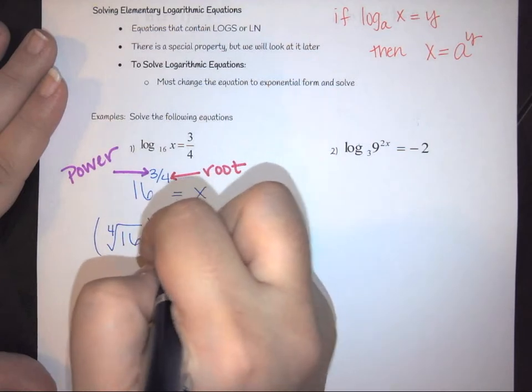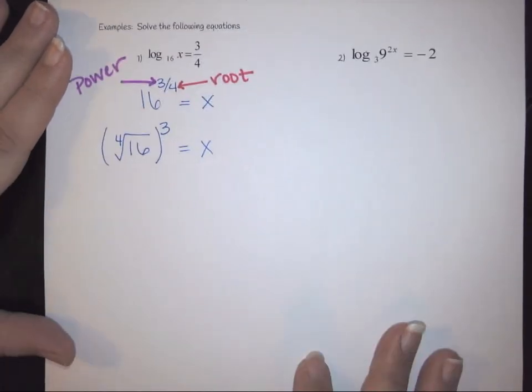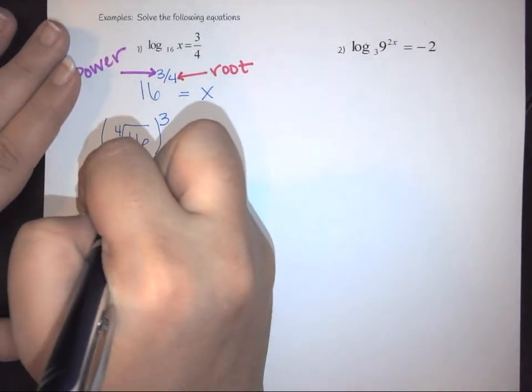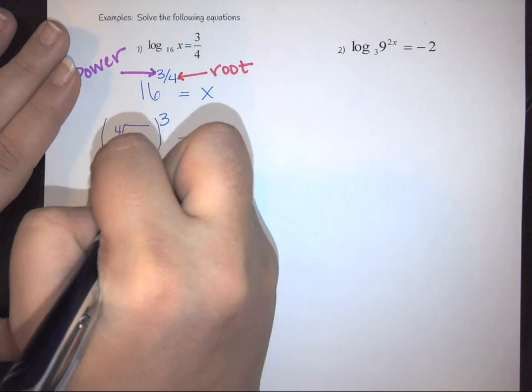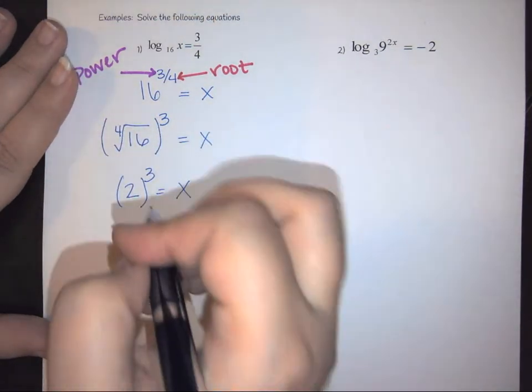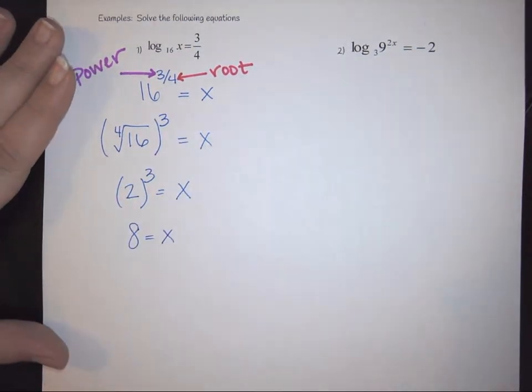And this whole thing is going to equal my x. So the fourth root of 16 is 2, raised to the third power equals my x. And then 2 cubed is 8. So 8 is my answer.